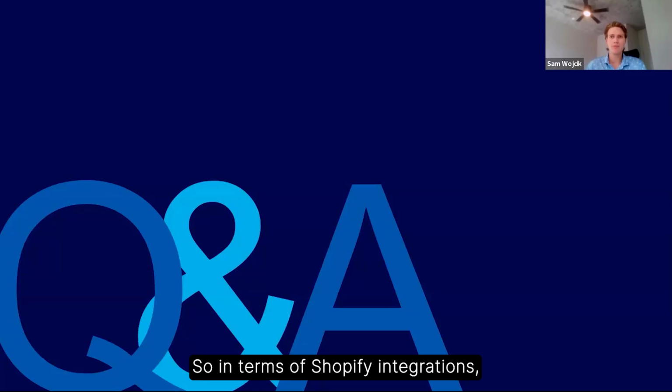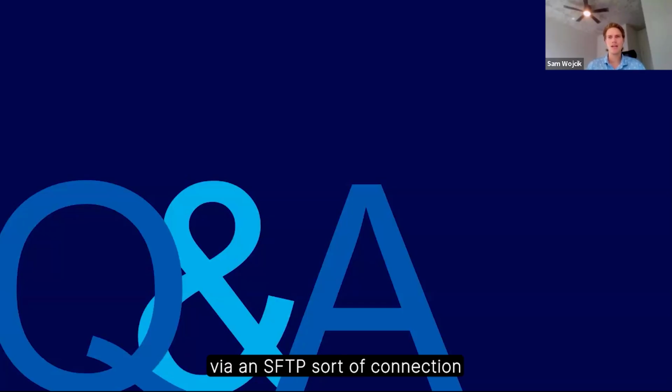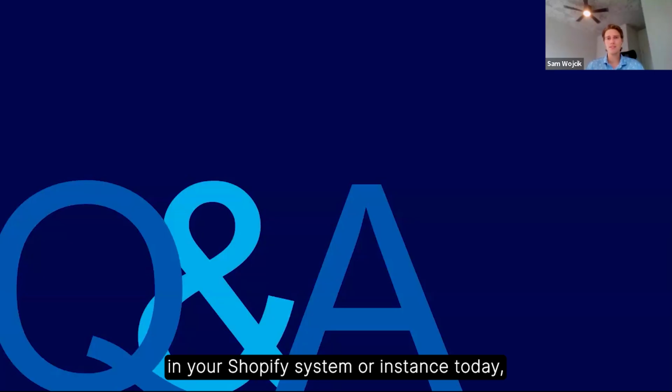So in terms of Shopify integrations, what we typically advise is if there is some way where we can connect via an SFTP sort of connection and exchange CSV or XML data, that is 100% an option. So if those documents do live in your Shopify system or instance today, and we would be able to get a copy of that data, that is 100% an option.